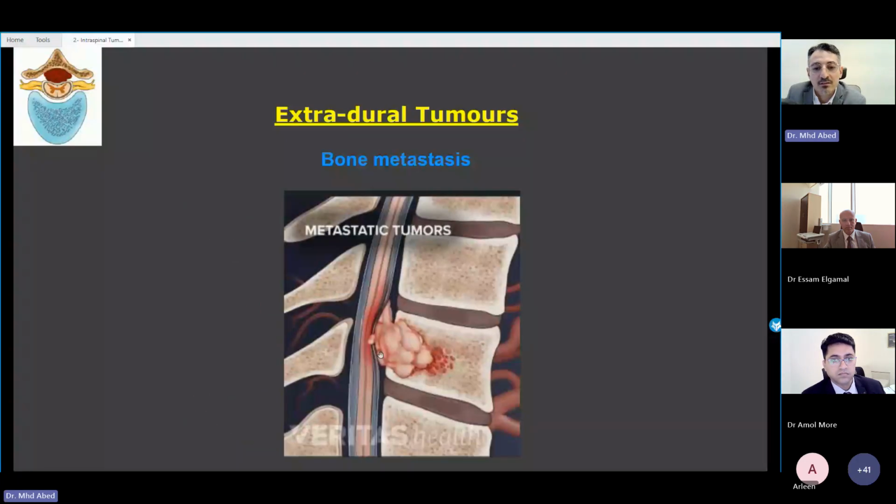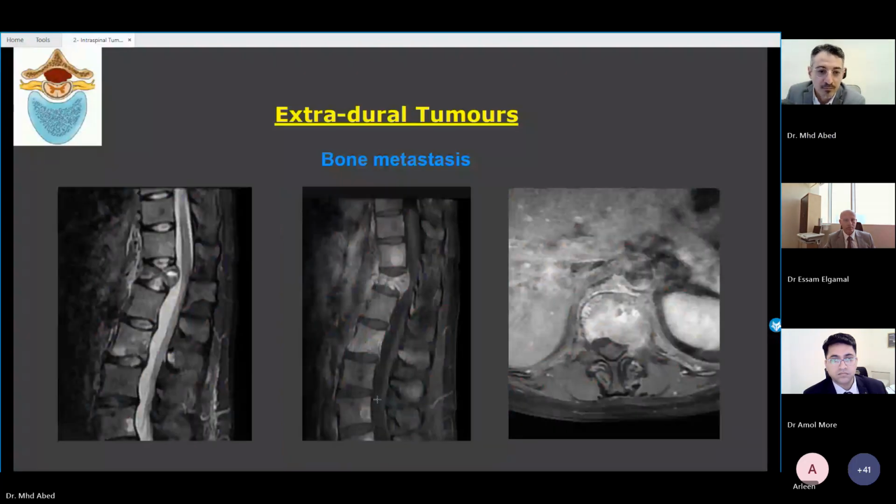This is the schema about the bone metastasis, which originates in the bone itself. Then it will go inside the spinal canal, compressing the spinal cord and the dural sac, compressing here, for example, this myelopathy signal. This is, for example, a patient who has a primary tumor with vertebral body metastasis involving this vertebral body in the thoracic spine.